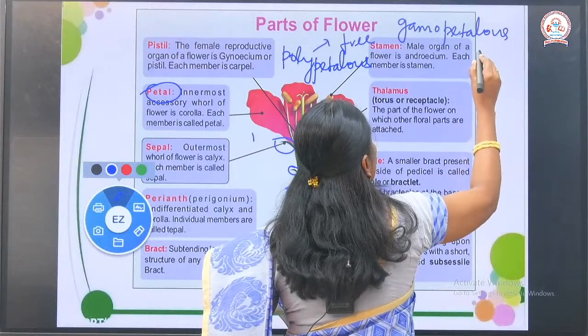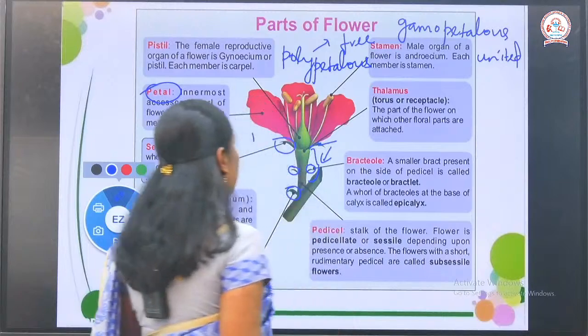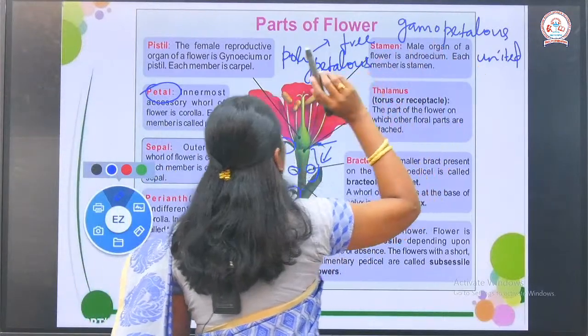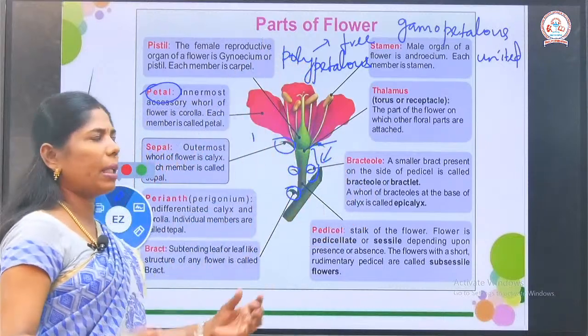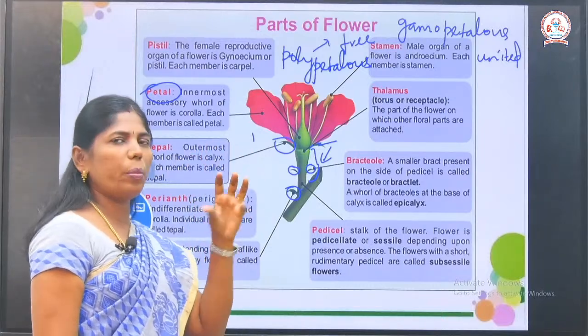Gamopetalous means the petals are united. Similarly, if the sepals are united, that is called gamosepalous, and if the sepals are free, that is polysepalous. Poly means free, and gamo means united.